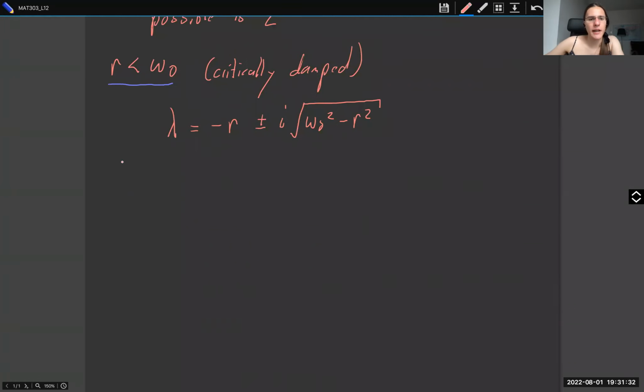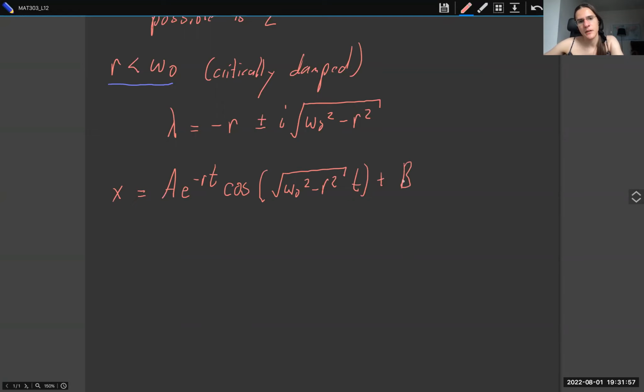Now, if we look at this, then what we have is that x is A e to the negative RT cosine of square root omega naught squared minus R squared T, plus B e to the negative RT sine.